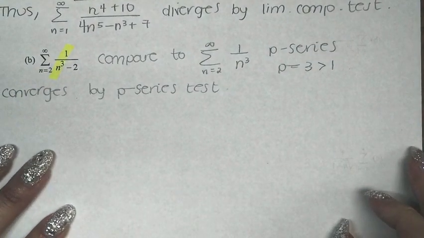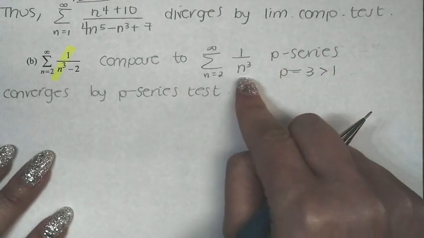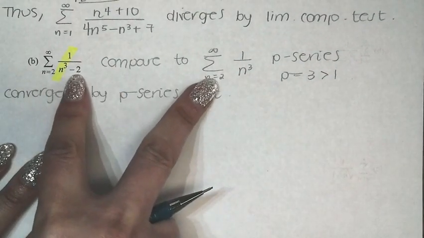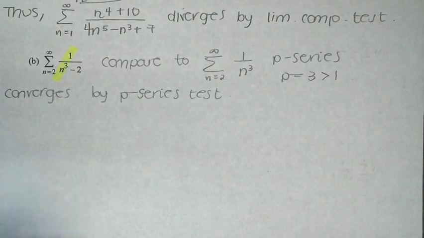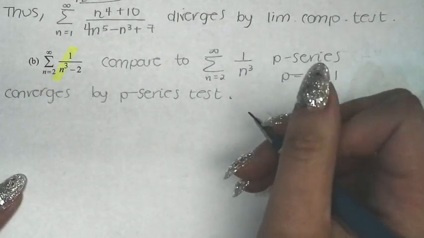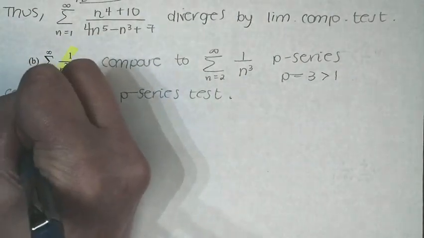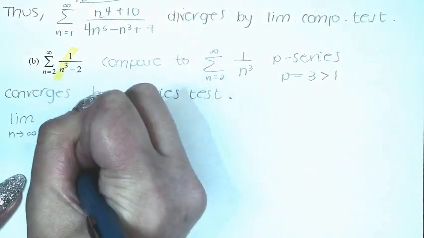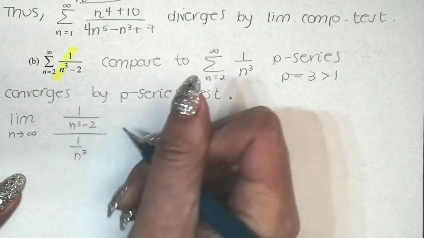But then you're like, if it converges and I'm using direct, not limit, you want this one to be bigger than this one. But when you compare the denominator, what happens? That's not going to fly. So what are we going to do? That's when the limit comparison test enters to save the day. Let's do the limit as n approaches infinity, with your original at the top divided by the one that you are comparing it to, which in this case is 1 over n power 3.